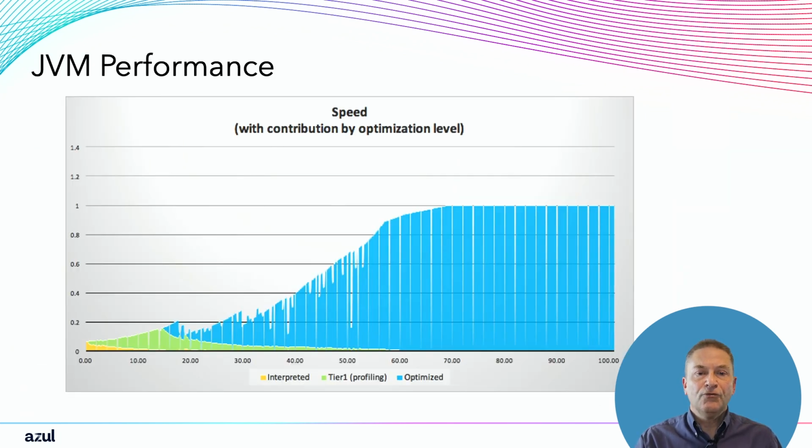The other thing that we will find is that if we look at the performance characteristics of a JVM-based application, we're going to see something like this graph. This is a very typical graph. We see here the idea of warm-up time associated with our application, and that's because the JVM is a virtual machine, a Java virtual machine. The instructions that we pass to it are not native instructions for the platform we're running on.